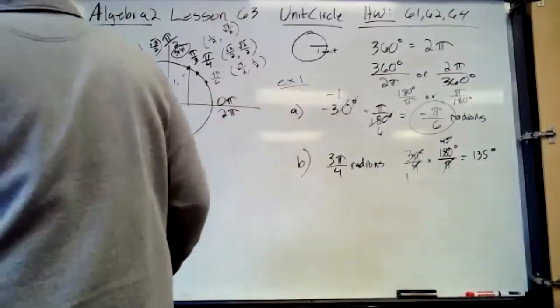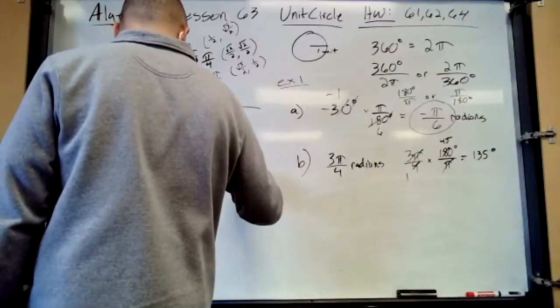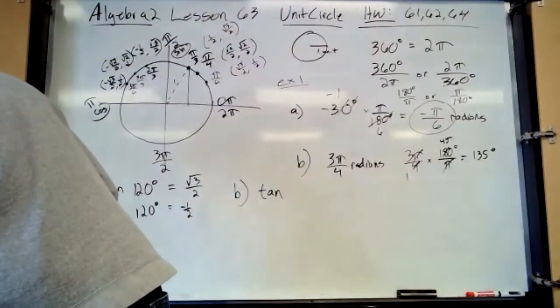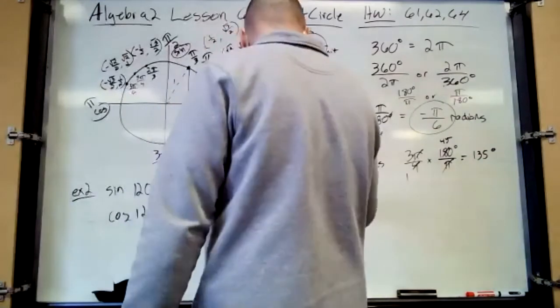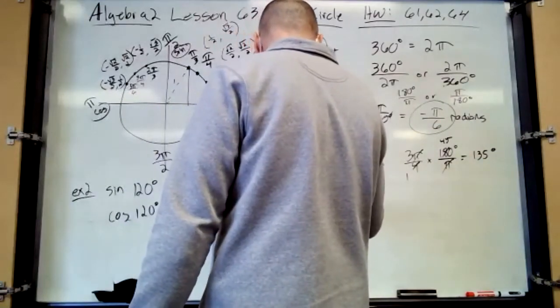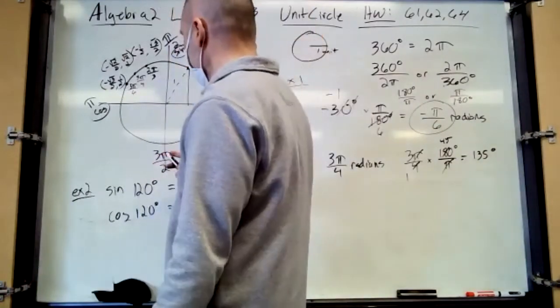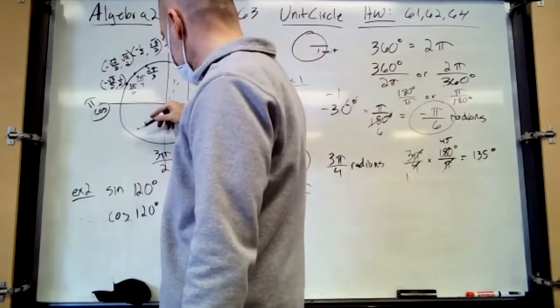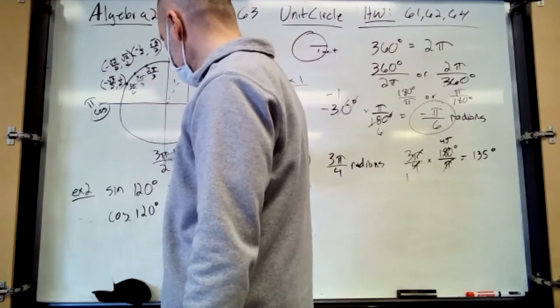Okay, let's do this. B is what's the tan of 11 pi over 6. Okay, let's see where 11 pi over 6 is. So this is going to be basically 9 pi over 6.